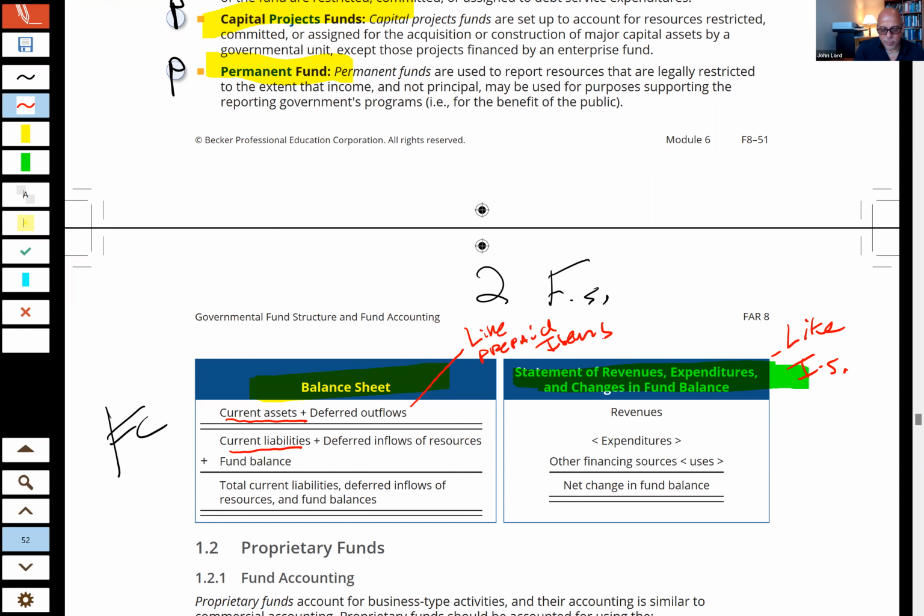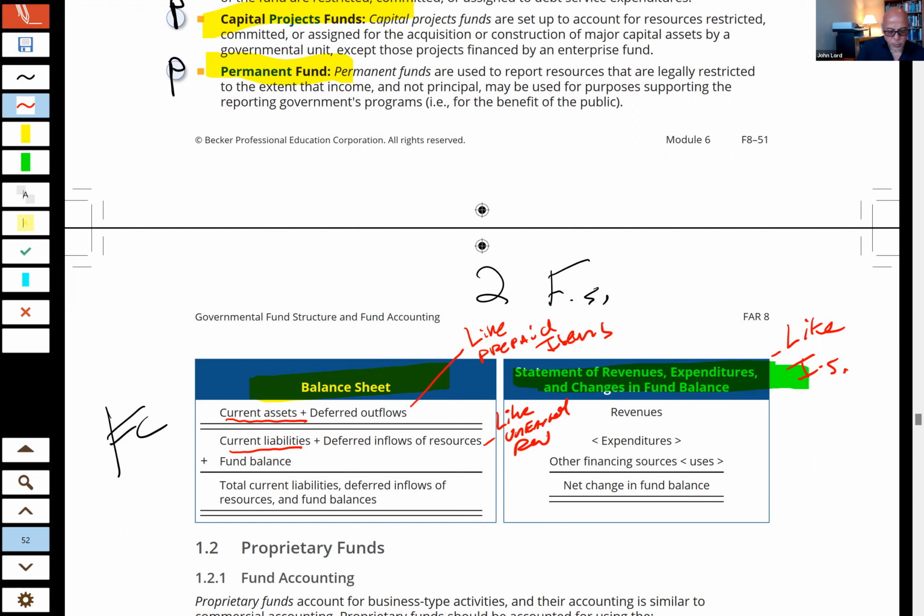So they call them deferred outflows. And we'll talk more about those later. Deferred inflows, the key thing is to know that they are what? They are listed with the current assets. Okay. And then deferred inflows are like unearned revenue, but not quite. And so they report them as a deferred inflow, and they sit there next to the liabilities.